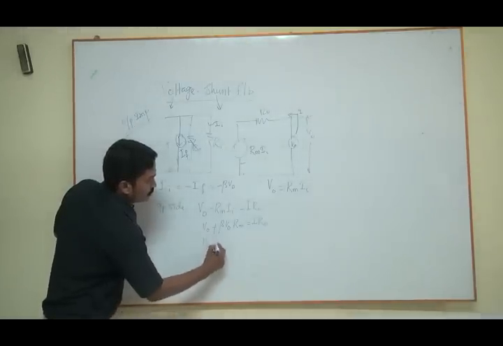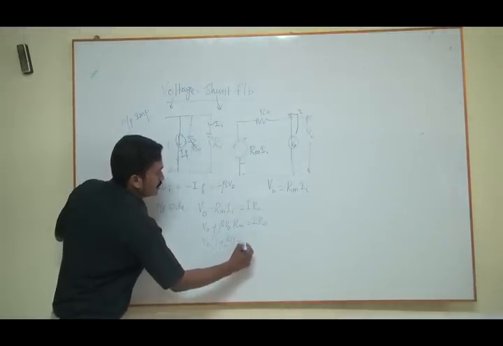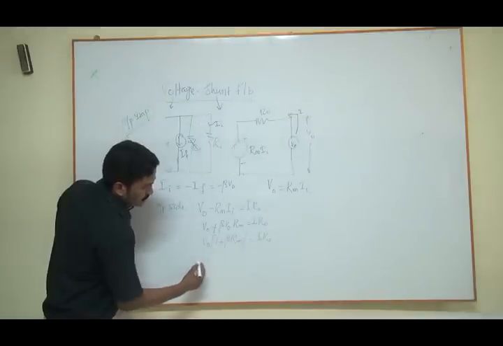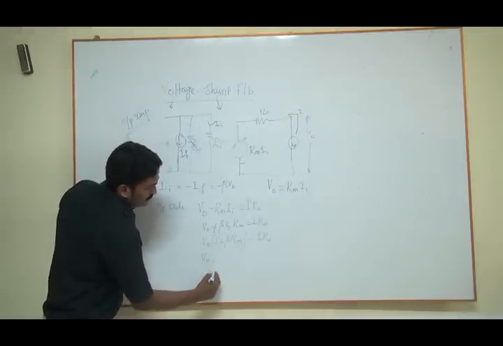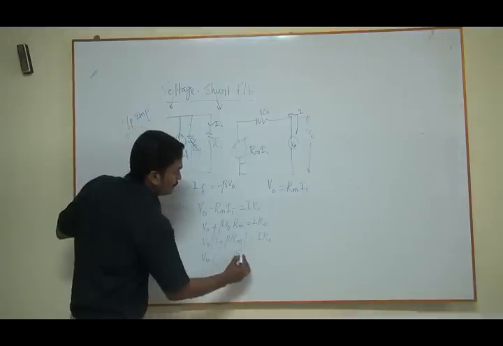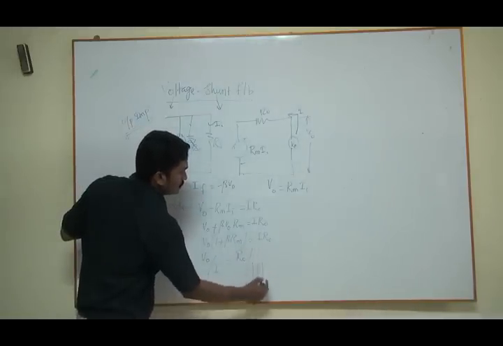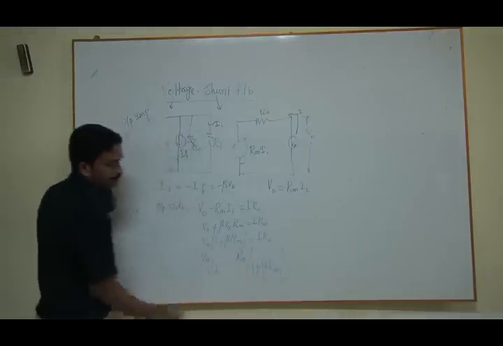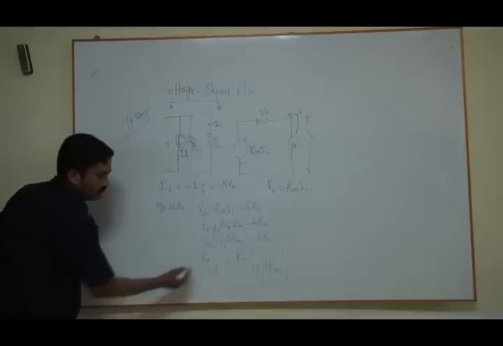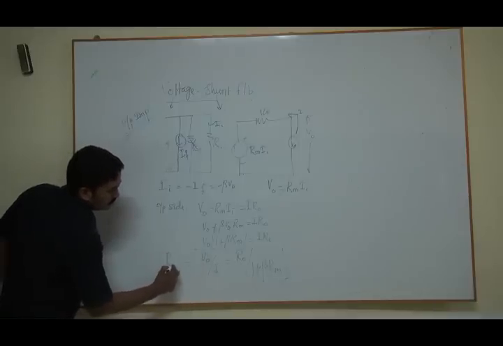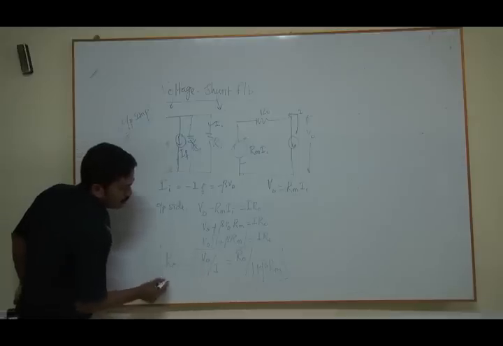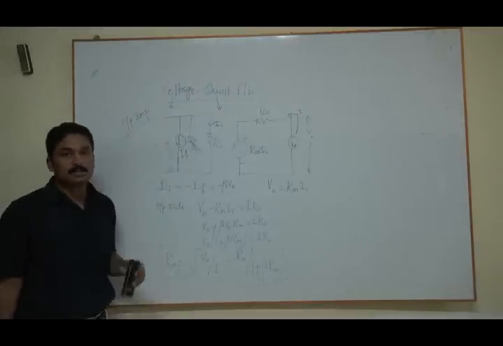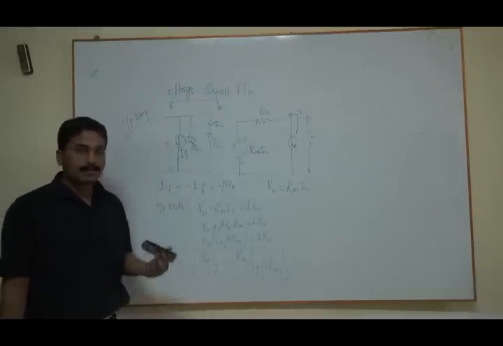V naught is common, so 1 plus beta Rm times V naught is equal to I into R naught, and rearrange the equation so that I'll get V naught by I equal to R naught by 1 plus beta Rm. This is output voltage by current, so it is equal to R naught F, output impedance or output resistance of voltage shunt feedback amplifier. Clear?